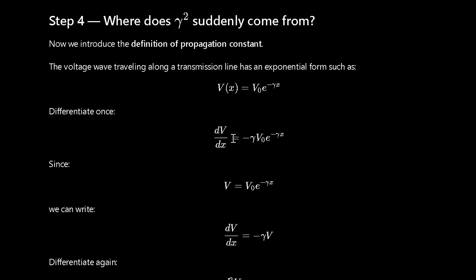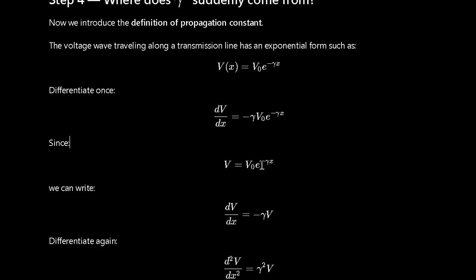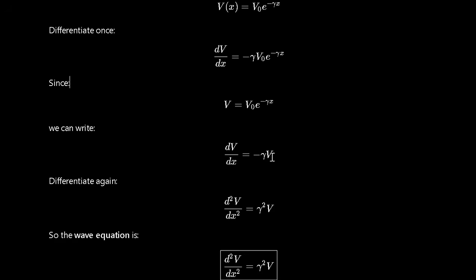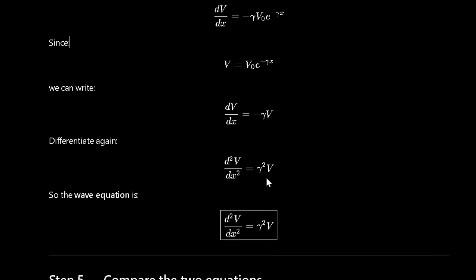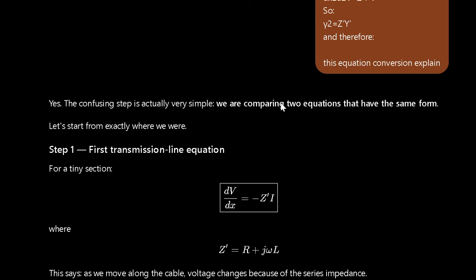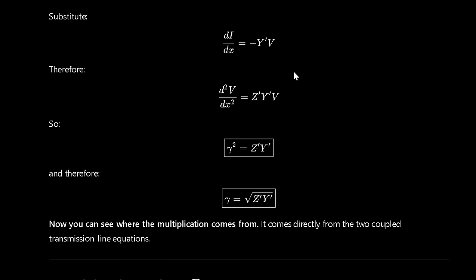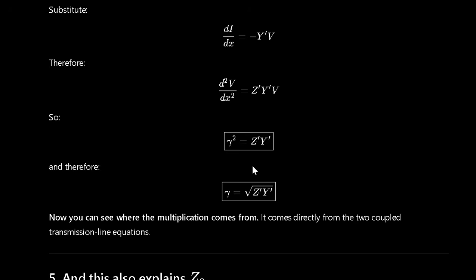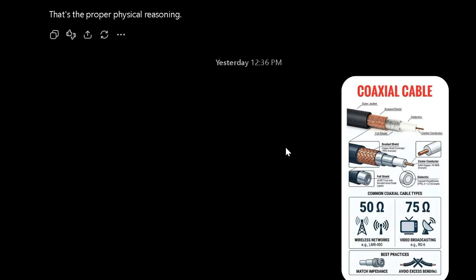Differentiating, dV/dx equals minus gamma V naught e power minus gamma x, which equals minus gamma V. Then d²V/dx² equals gamma squared V. We substitute in the earlier equation, V gets cancelled, and gamma squared equals Z' Y'. So that's how the equation for gamma comes.